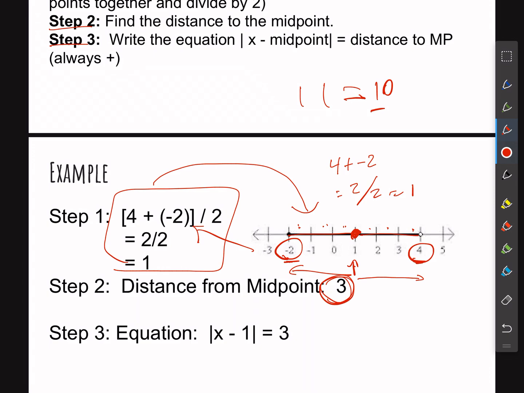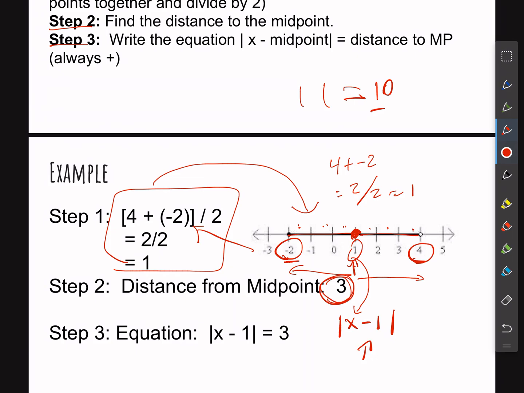Okay, so my absolute value equation will always be an absolute value of some variable. Okay, so it's whatever makes this go to 0, right? So if I said x minus 1, if I plug this 1 in, it would make that go to 0, right?